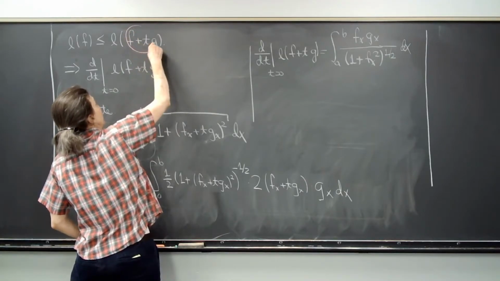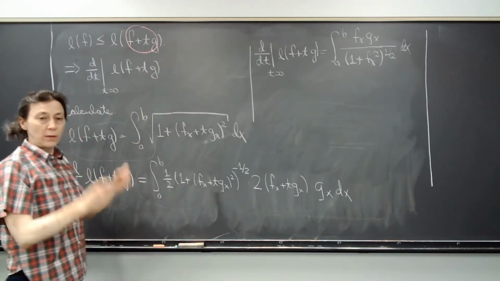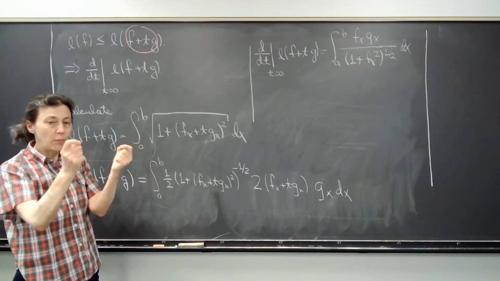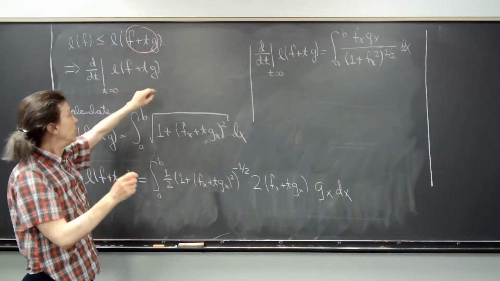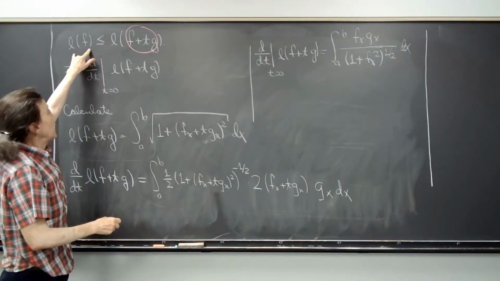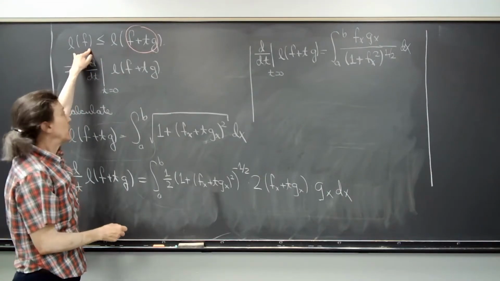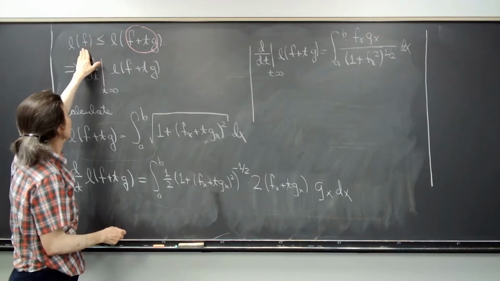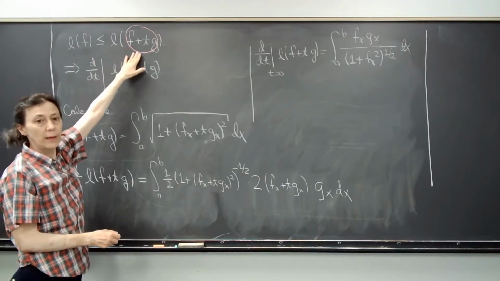The graph of this function also goes between the same 2 points, right? Because that's where you use the fact that g is 0 at both a and b. Because f is the minimizer, fixed but unknown, the length of f will be less than or equal to the length of this new curve.